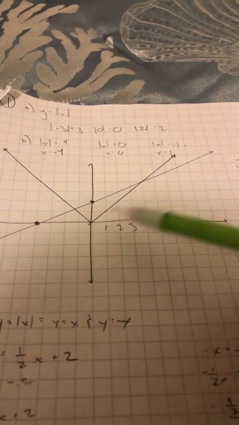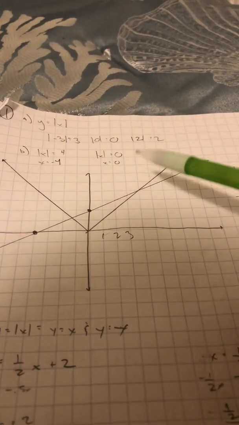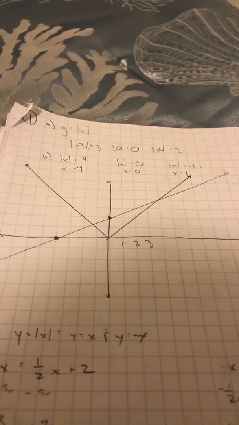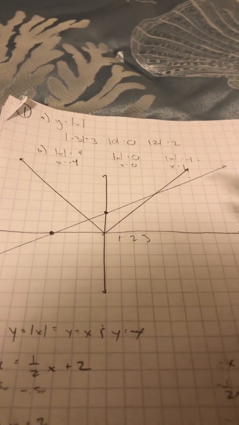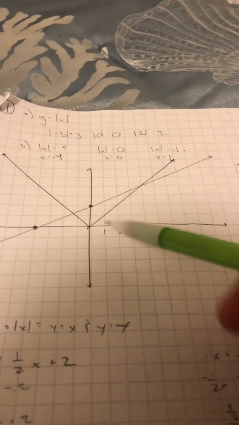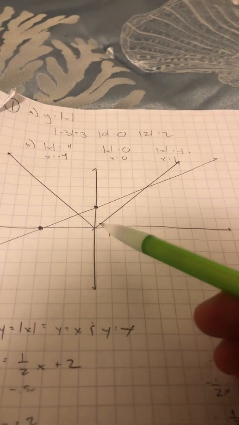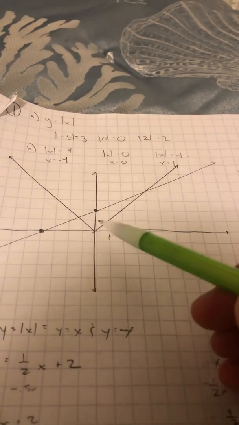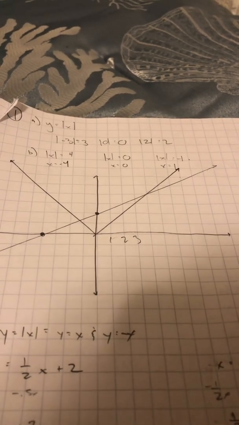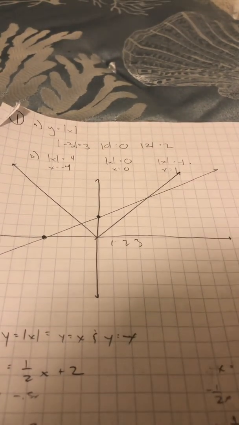For the absolute value one, you could make a table for y equals the absolute value of x, but you just look at it and know that it has a slope of 1 and it's an absolute value. It doesn't have any transformations, so it just starts at 0, 0, and then has a slope of 1 and negative 1, starting at the origin. So that's what it looks like.